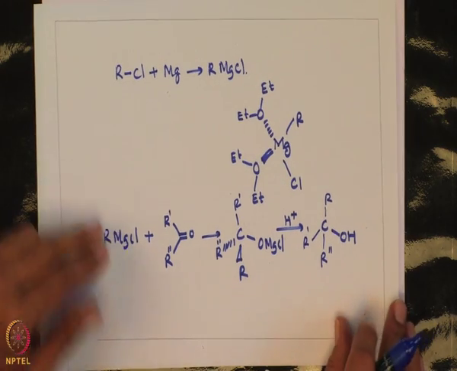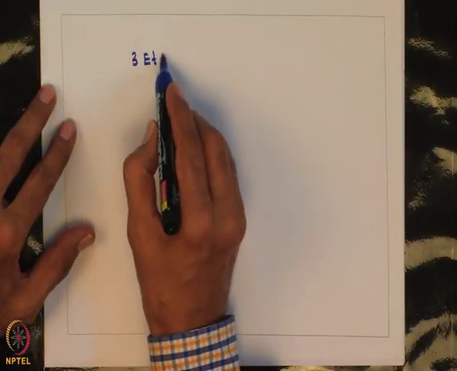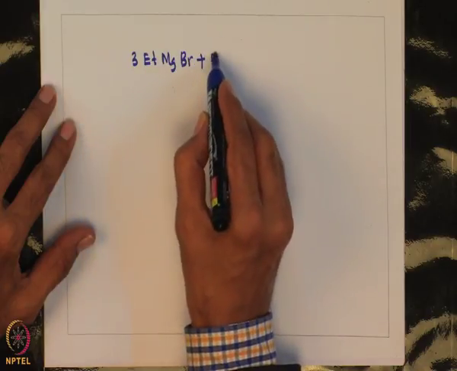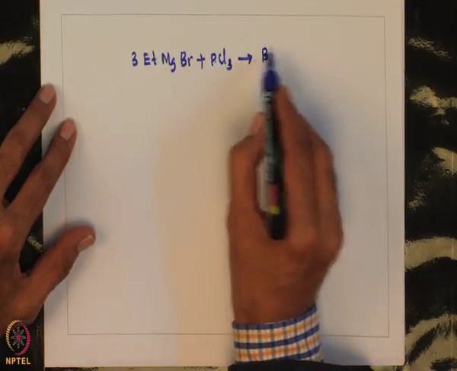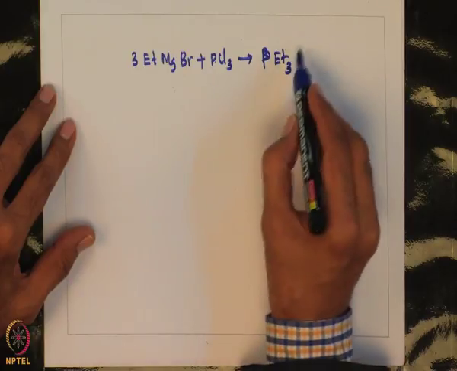Not only that, one can also use them with various other p block element organo compounds. For example, treatment of Grignard reagents such as ethyl magnesium bromide with PCl3, phosphorus trichloride, leads to the formation of the very important phosphine ligand triethylphosphine.